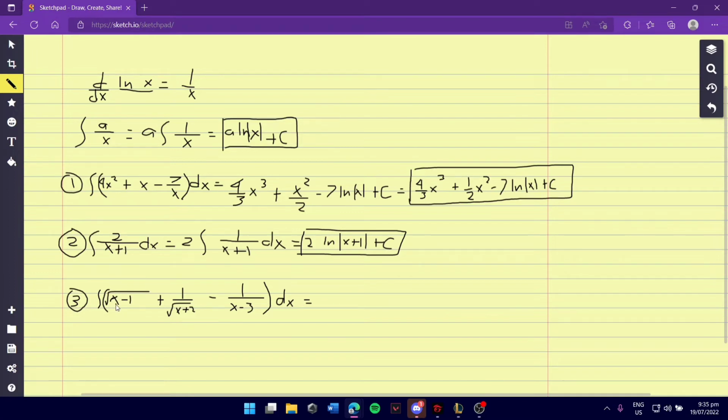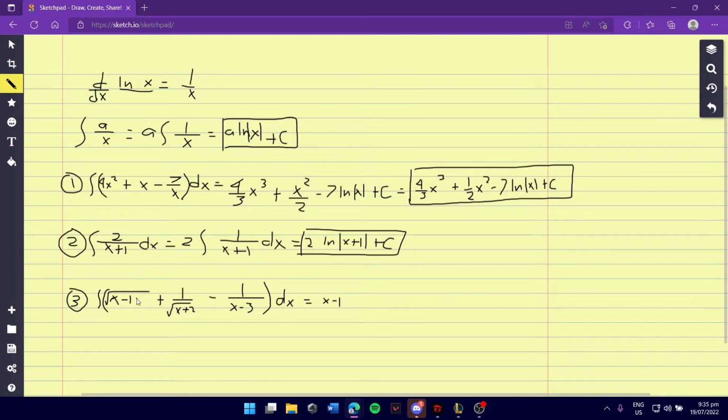So here, by mentally simplifying this, since it has a square root, we'll do it manually. So it will become the integral of x minus 1, and then since we have the square root here, it will become raised to 1 half.